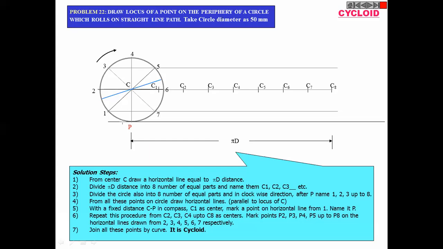We will mark by circle only. But at the same time, when you extend the straight line, it will be two different straight lines. One is for this and one is for these. But here in this case, what is happening? These are equally divided, so these and these are already opposite to each other. So it seems like only one line, but it is two lines kind of.